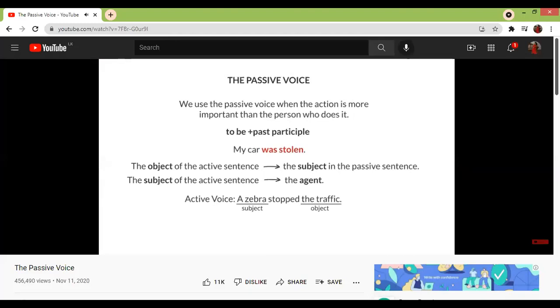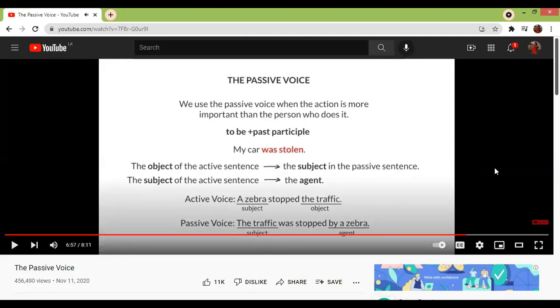A zebra stopped the traffic. The traffic was stopped by a zebra. Right. So as you can see, this is the structure which is being used when it comes to passive voice, right? So let's look at the active voice sentence, which is a zebra stopped the traffic.